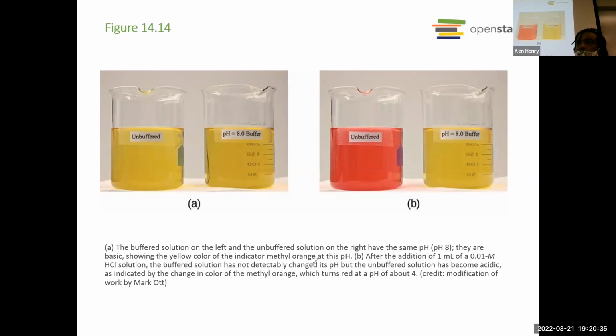After we add 1 mL of 0.01 molar hydrochloric acid, so we spiked it with acid, we see that the methyl orange turns orange, which means the solution now has a pH of roughly 4. In the buffer solution, you didn't see a change.